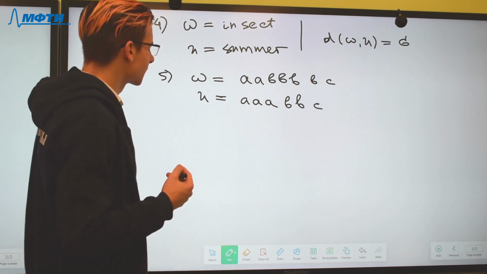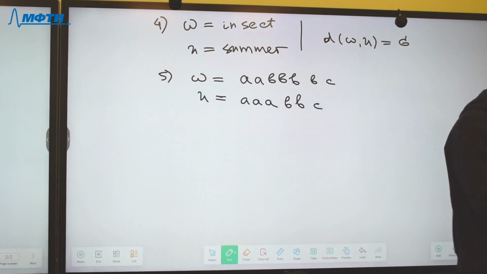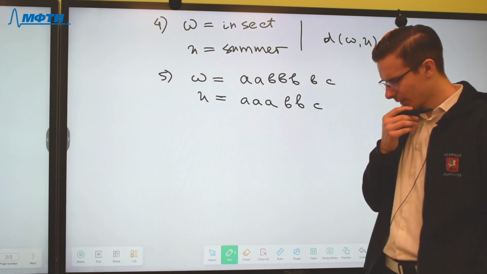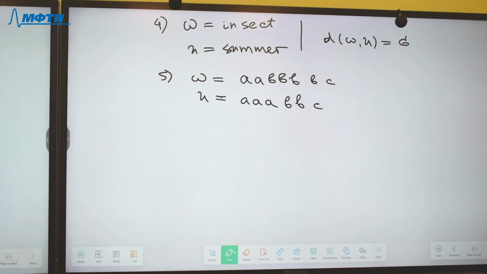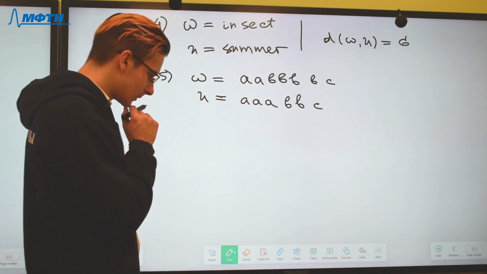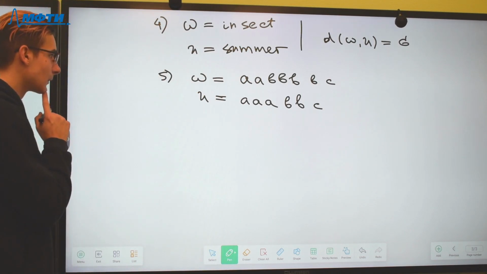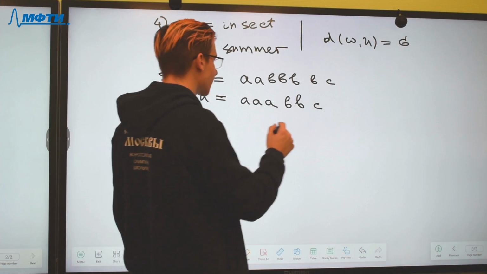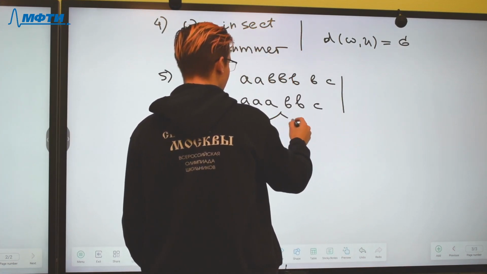No, it's equal to 1, but it's interesting. Two? 2, of course, yeah. Because we can add an empty character here.